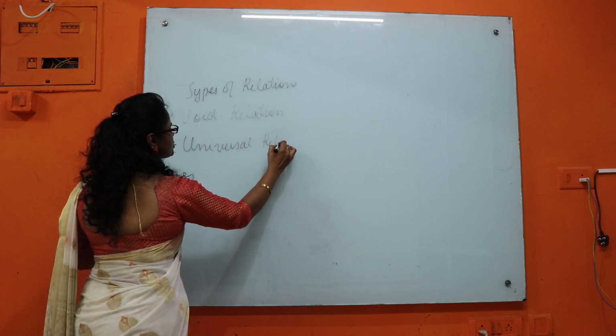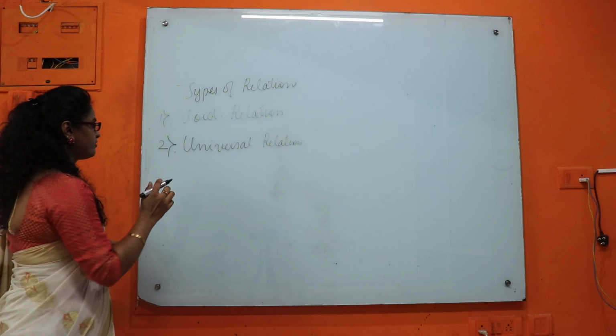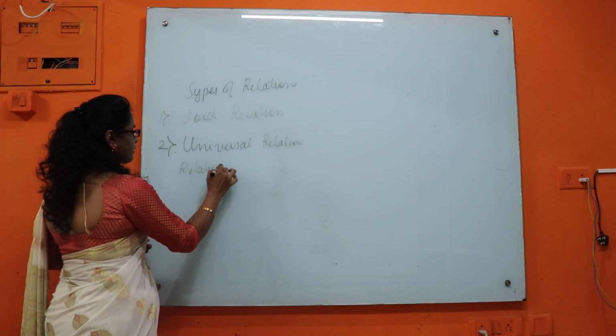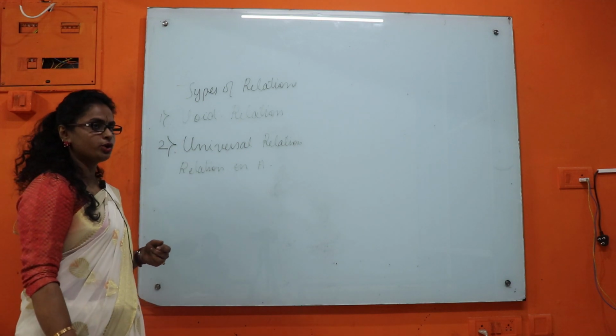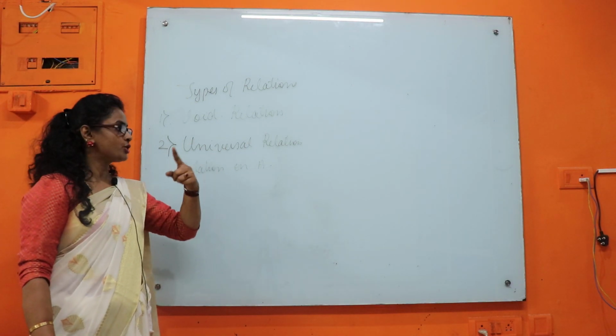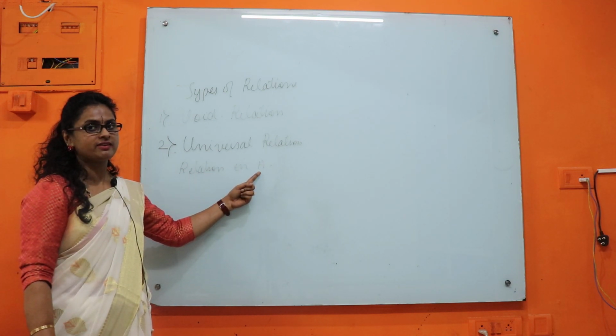Universal relation. So what do you mean by this universal relation? You need to be very clear. If I say relation on A, I had told you that for a Cartesian product you need two sets A and B. So never get confused, only one set, set A, is given here.